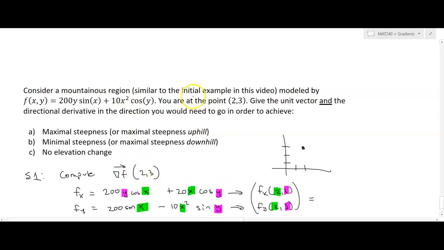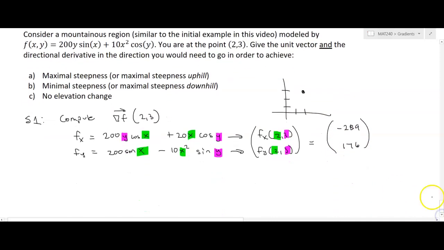The vector we come up with is approximately (-289, 176). There's a little bit of rounding there, but since those numbers are fairly large, those decimals aren't going to make too much of a difference.